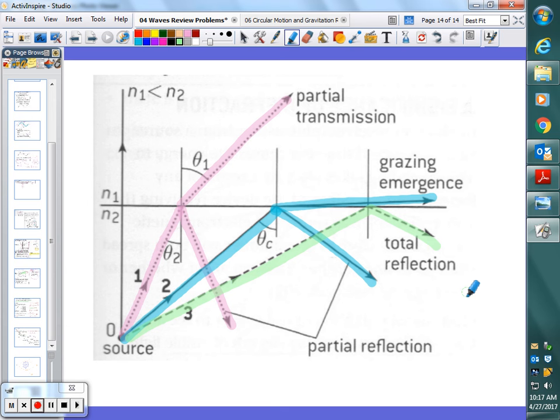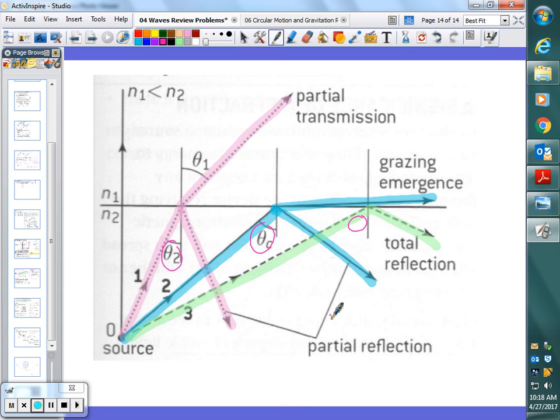The angle that we talk about is called the critical angle. If we have an angle of incidence greater than that angle, we get total internal reflection, depending on the indices of refraction. Keep in mind that we measure the angle of incidence from the normal line.